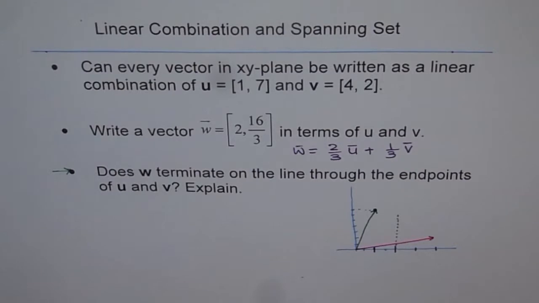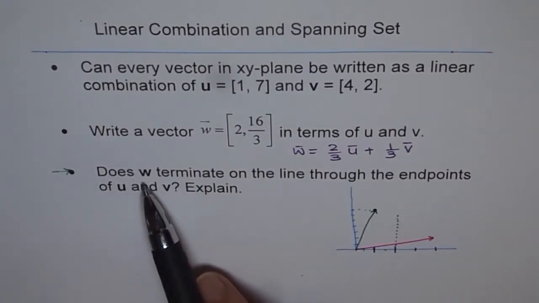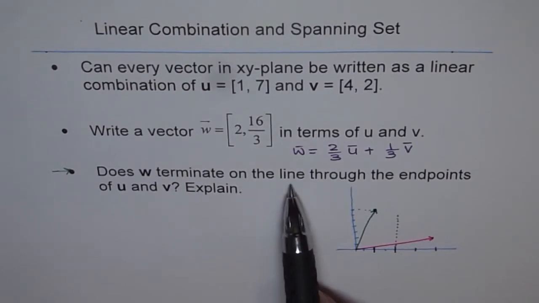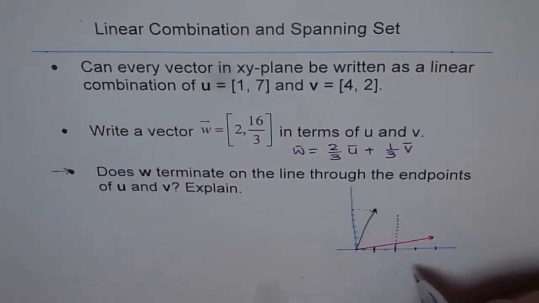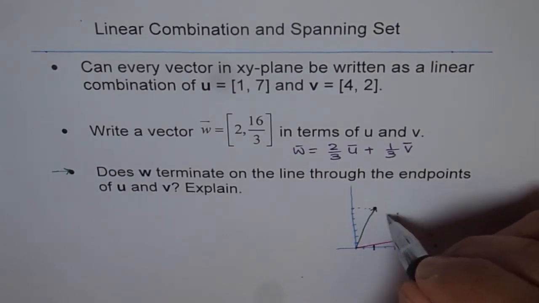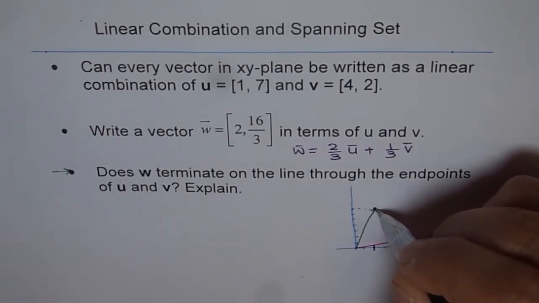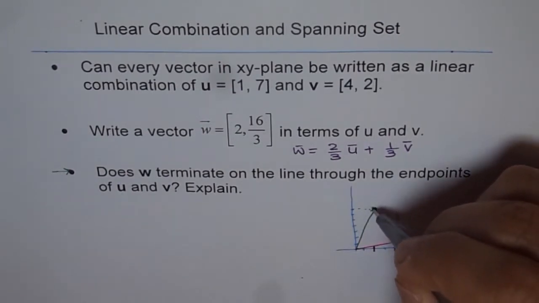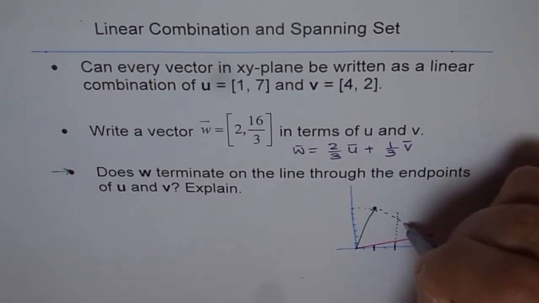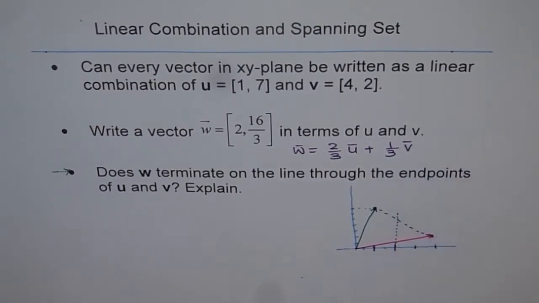Now let's look into the question once again. The question says, does w terminate on the line through the endpoints of u and v? So it is asking me that if I connect these points, will w terminate on that line? That is what it is asking. So what I will do is just connect these points.